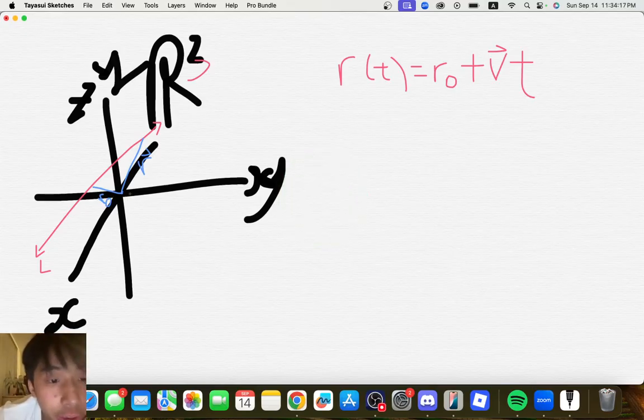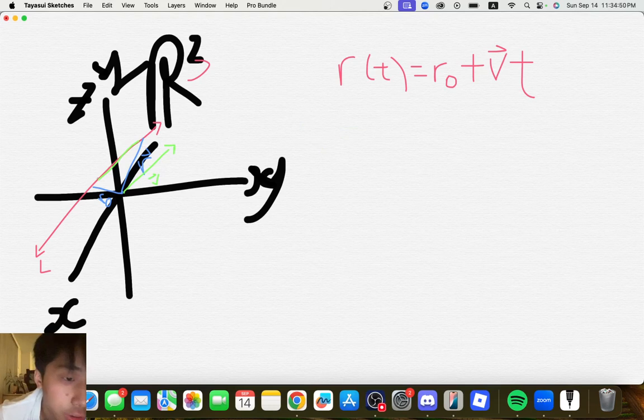And then let's say you had another vector that's parallel to the red called V. Now, from this perspective of R, it would be R0 equals, well actually no, my bad.